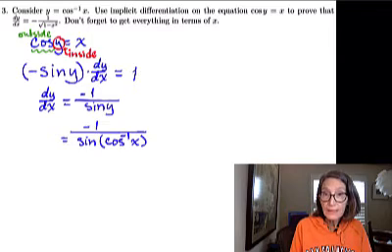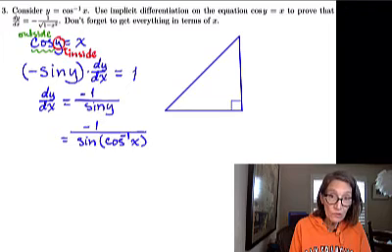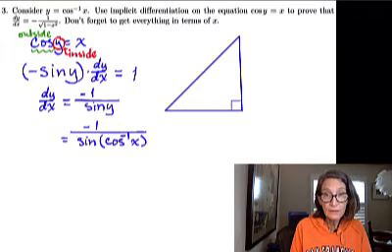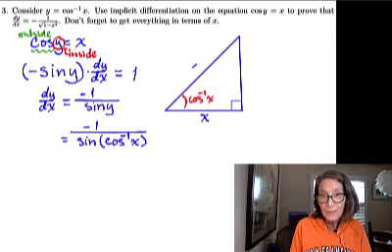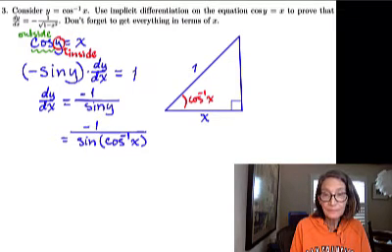But we'd like to get this simplified. So we're going to use the right triangle. Now remember, arc cosine of x means the angle whose cosine is x. So let's label one of the acute angles arc cosine of x. I can label the adjacent side x and the hypotenuse 1 because the cosine of this angle is adjacent over hypotenuse, which is x.